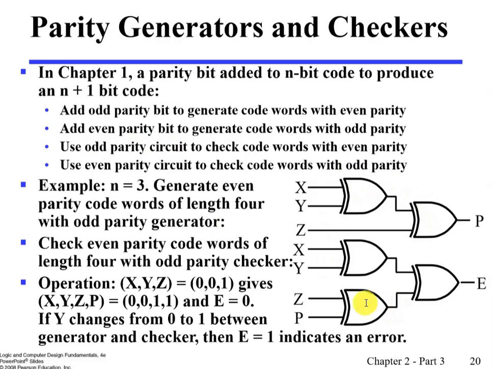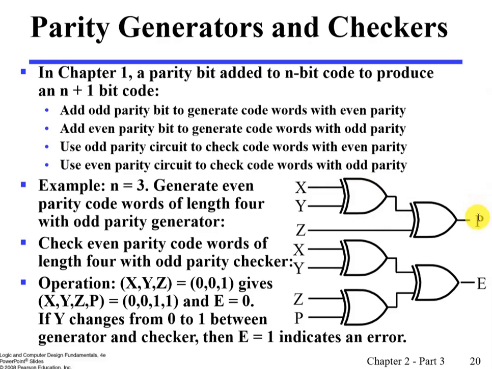Let's take a look at this example. So here we have 3 bits, n is equal to 3, and we want to generate parity code words of length 4 with an odd parity generator. So for 3 bits X, Y, Z, we can use the following 2 exclusive OR gates to generate the parity.